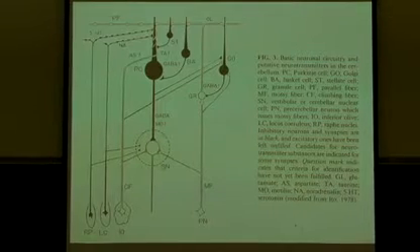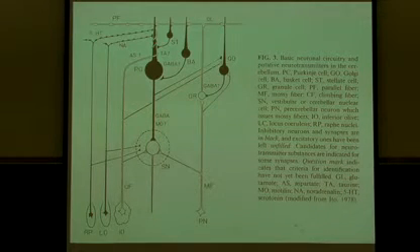Then the output, as you said, is the Purkinje cell. That's the output, and it goes first to a deep part of the cerebellum. Is that synapse excitatory or inhibitory? This one is inhibitory. Purkinje cells inhibit whatever they contact.